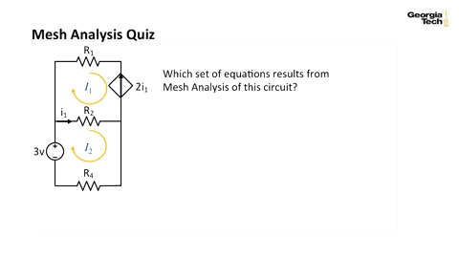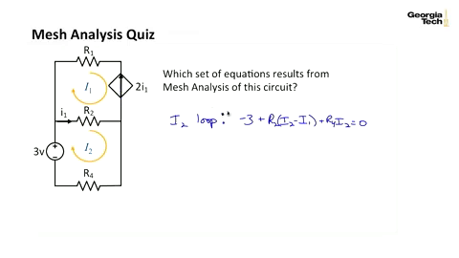All right, the solution is I do start with a KVL around this other loop. I get minus 3 plus R2 times, everything's got to be in terms of mesh currents. So I've got I2 minus I1 plus R4, I2 equal to 0. Okay, and I need one more equation because I've got 2 unknowns.